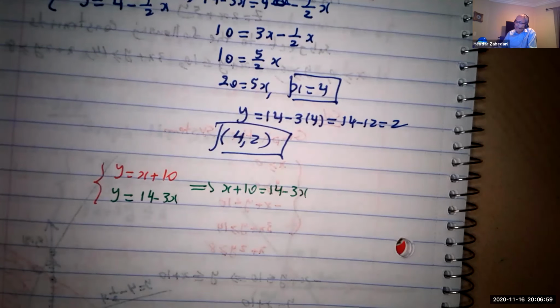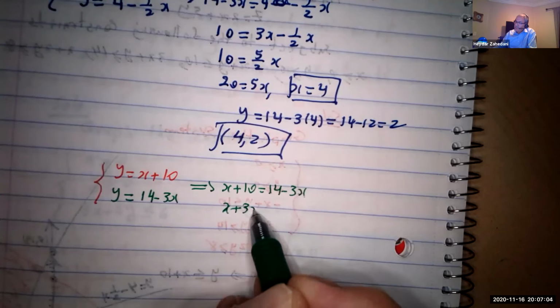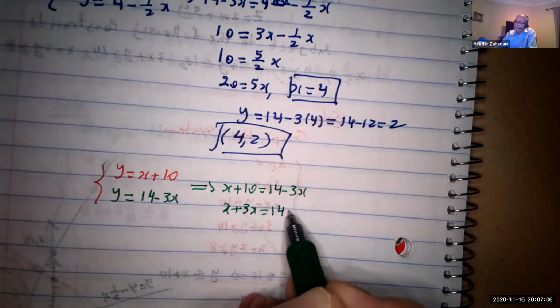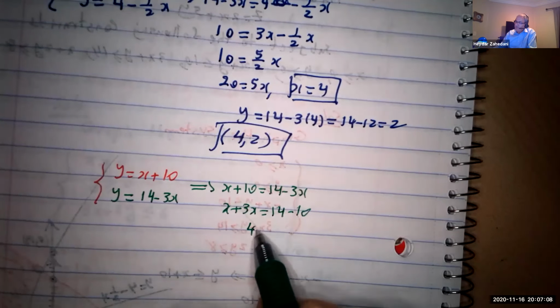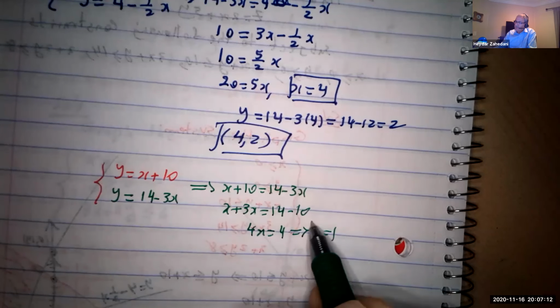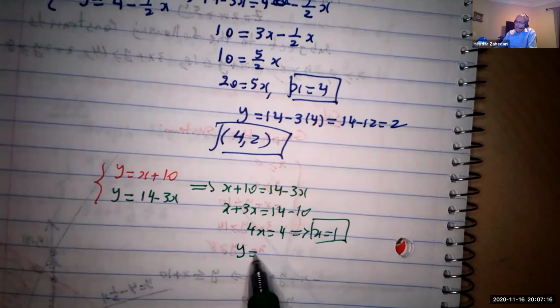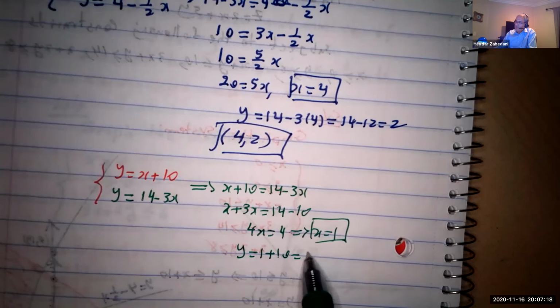You solve for x. That gives you x plus 3x equal to 14 minus 10, so 4x equal to 4. So x would be 1. We substitute here, so that gives 1 plus 10, which is 11.